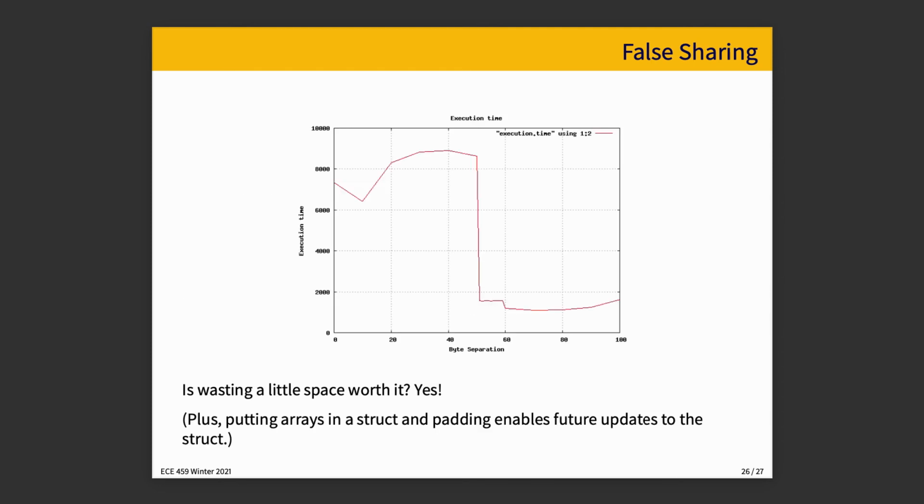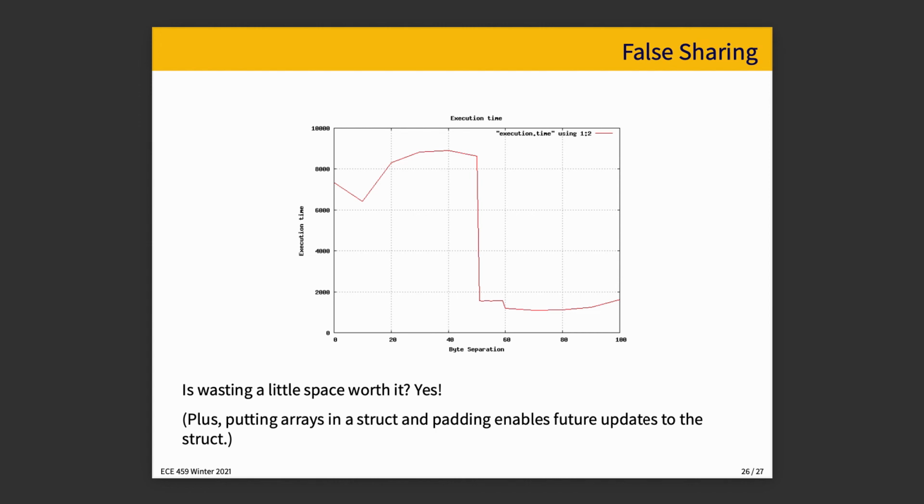So here is a false sharing execution time graph, where execution time is on the y-axis and byte separation here is on the x-axis. So in the diagram, byte separation of 11 means that the two arrays are adjacent. Anything less than that and they actually overlap, so that little hard corner in the graph at 11 is because below that, if you make A and B exactly the same location, then you get strange behavior.